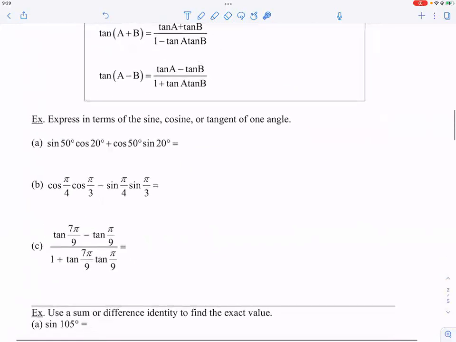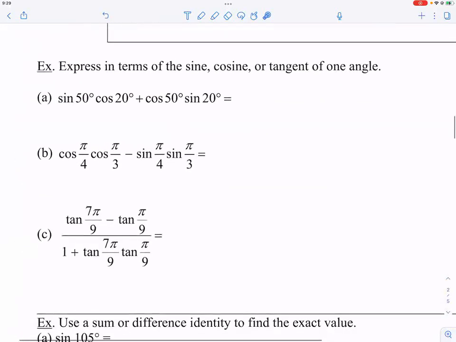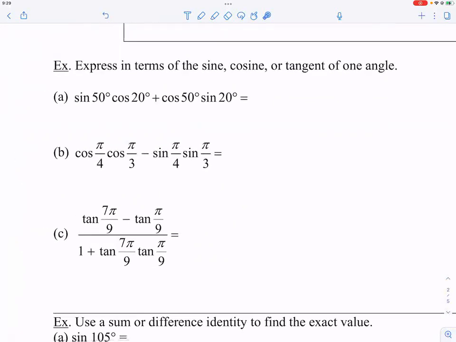Okay, so let's go ahead and take a look at this. We are going to look at expressions written in terms of sine, cosine, or tangent of one angle, one angle only. We look at this and say, well, what does it look like?